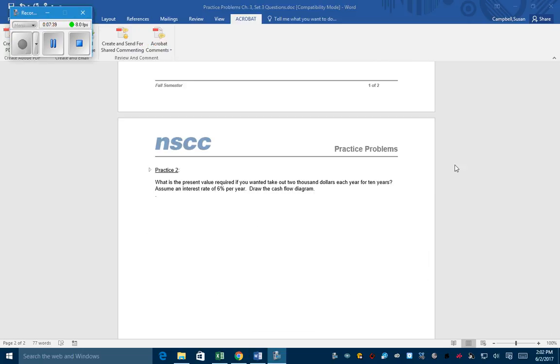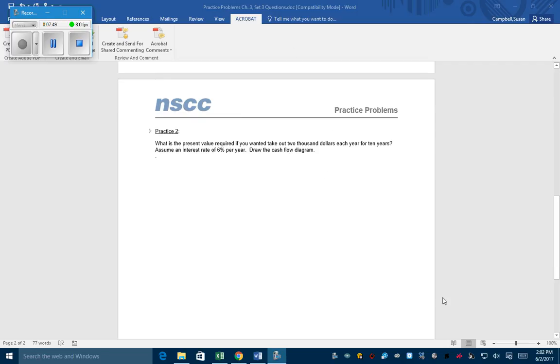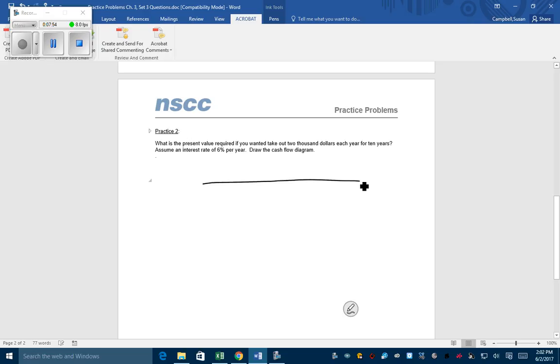Okay, let's work on the second question. What is the present value required if you want to take out $2,000 each year for 10 years? So the cash flow diagram for that would look like this: what do I have to invest now, at year 0, if I wanted to take out $2,000 each year for 10 years?